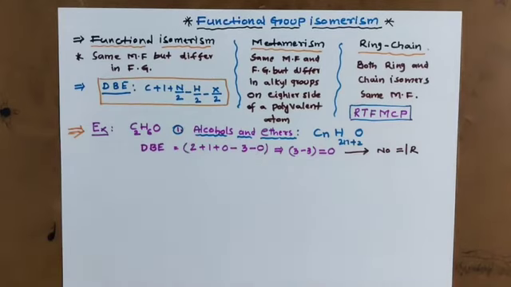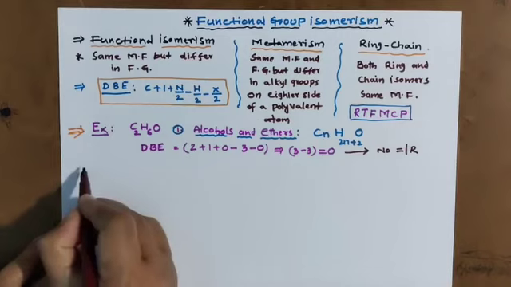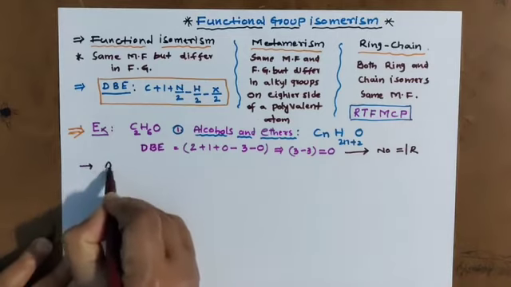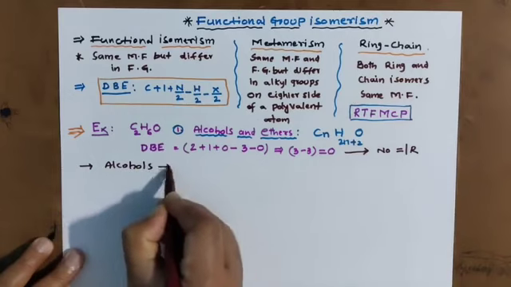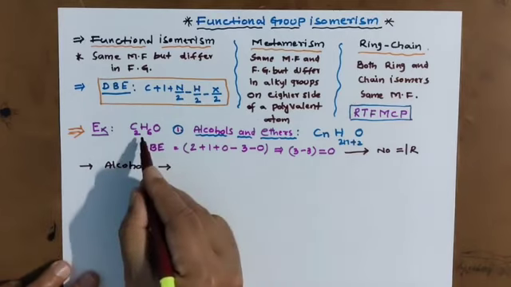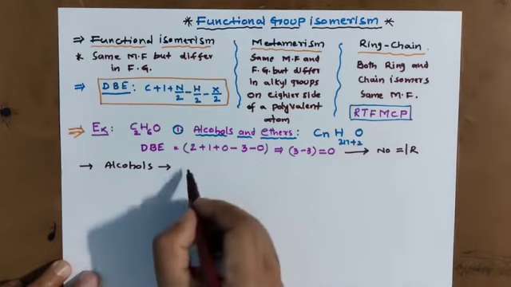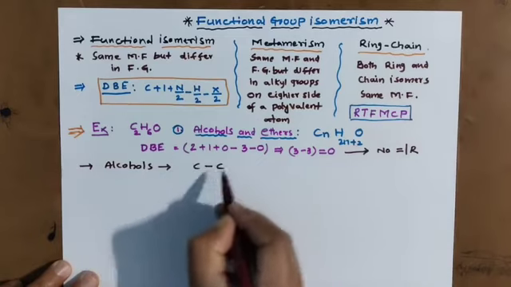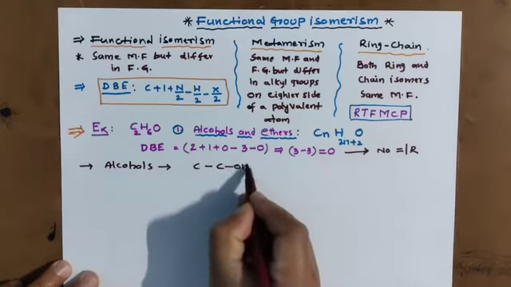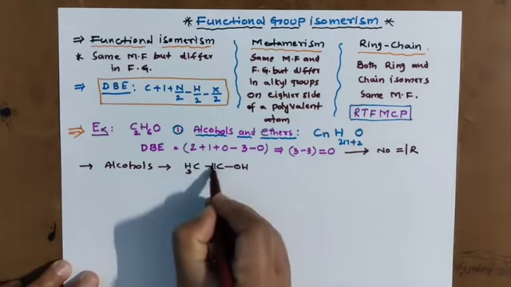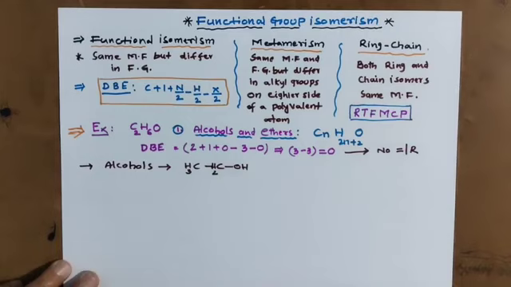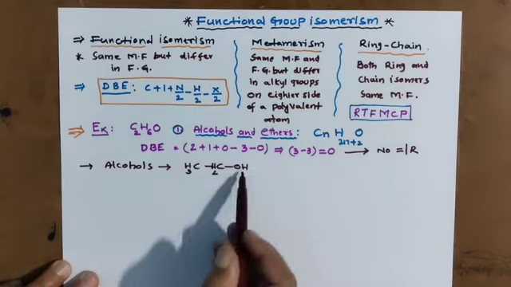Let me take alcohols first. How many alcohols can it give? Look, how many carbons are there here? 2 carbons only. Alcohol means the OH group is compulsory. So now you write CH3CH2OH: 3, 2, 5, 1, 6.